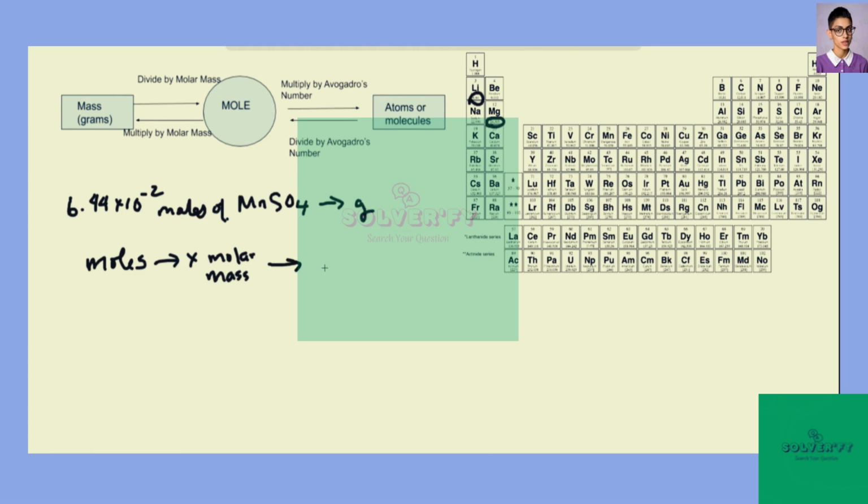to get grams. To find the molar mass, we use the periodic table and we look up the molar mass of each substance.